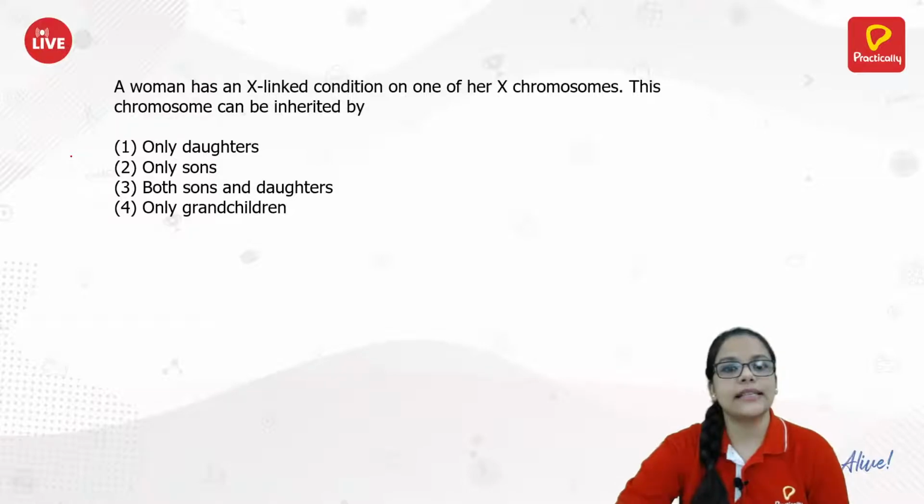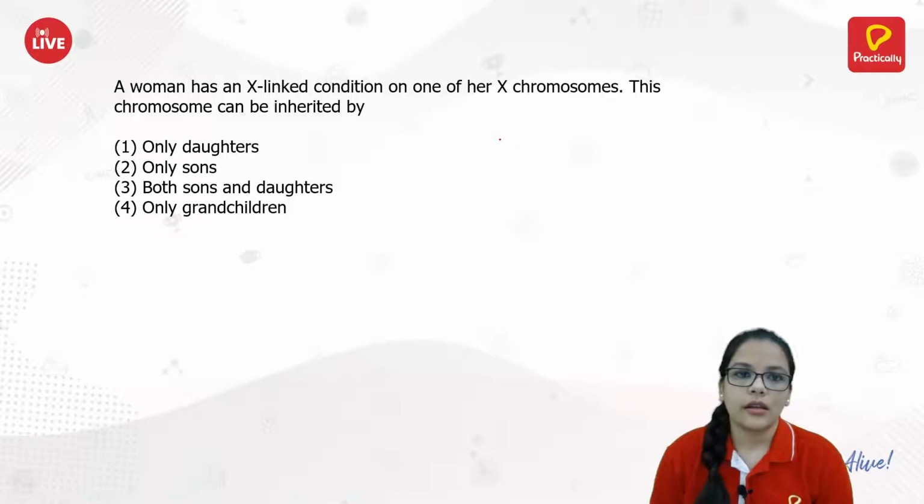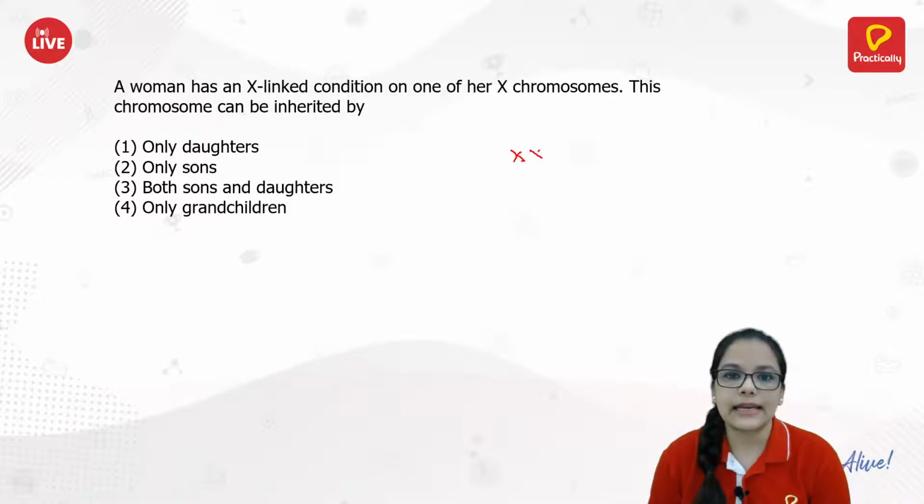A woman has an X-linked condition on one of her X chromosomes. This chromosome can be inherited by only daughters, only sons, both sons and daughters, or only grandchildren. See, a woman has XX. Maybe one of her chromosomes can be defective, and the father will give XY.